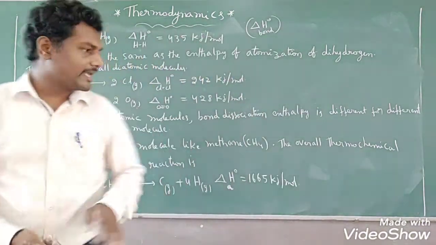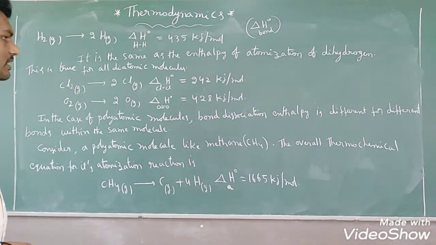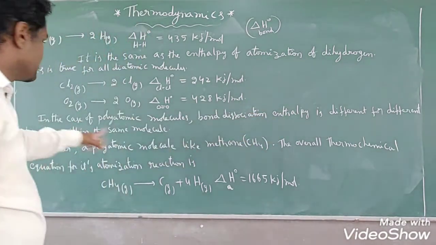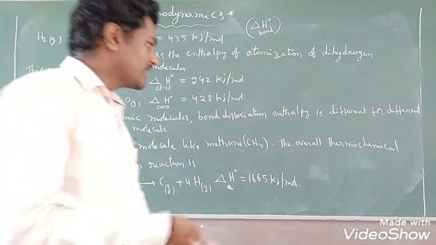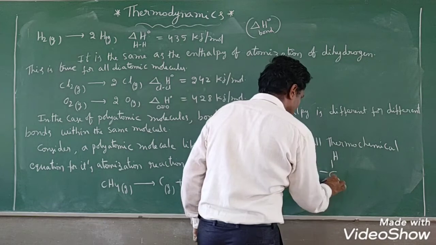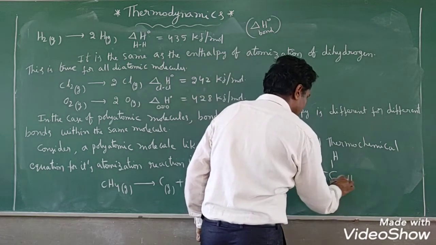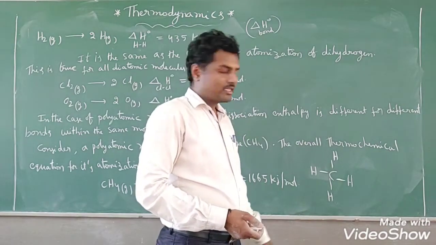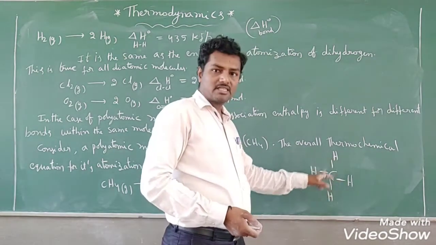Let us see now, in the case of polyatomic molecules, bond dissociation enthalpy is different for different bonds within the same molecule. Suppose we have taken CH4. In CH4, the carbon hydrogen bond length is the same in all cases. Energy is the same, hydrogen is the same, right?